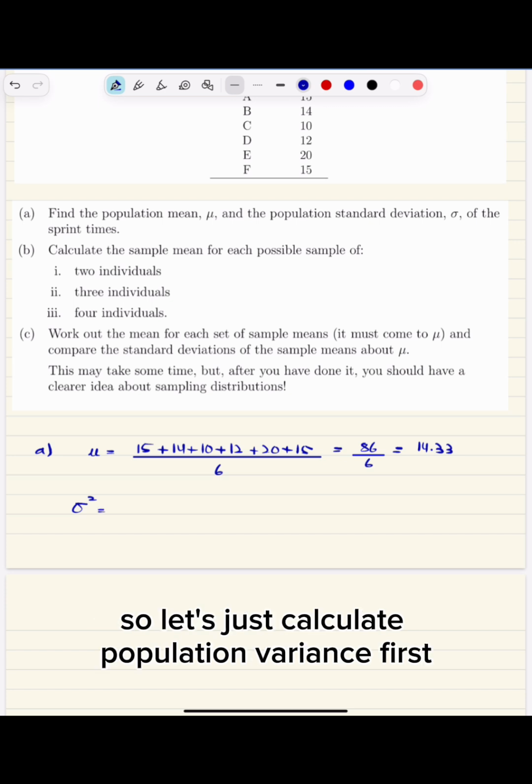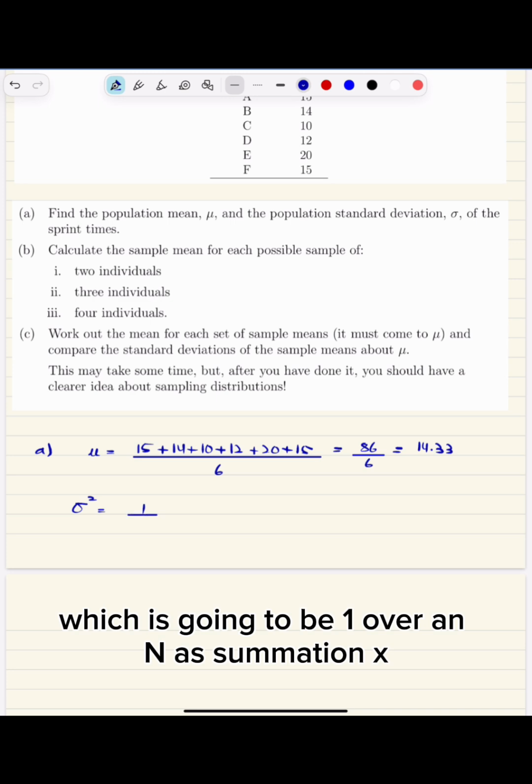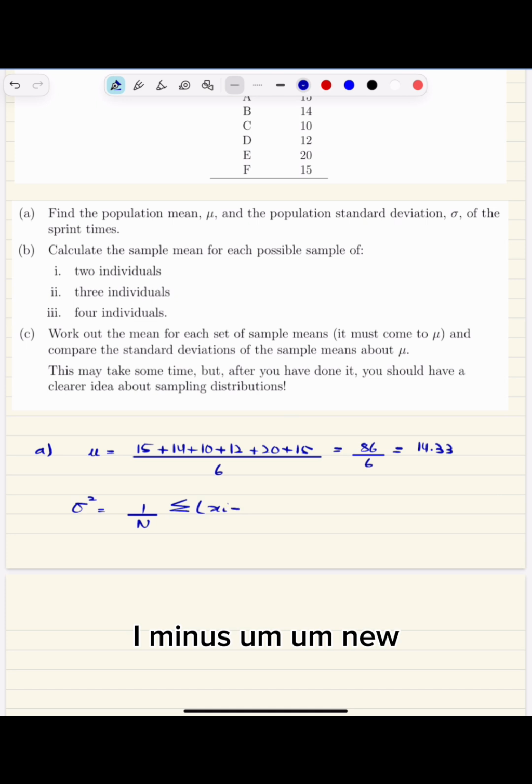So let's calculate the population variance first, which is going to be 1 over N summation (xi minus mu) whole squared.